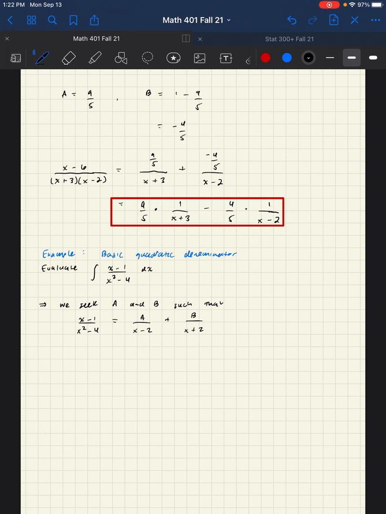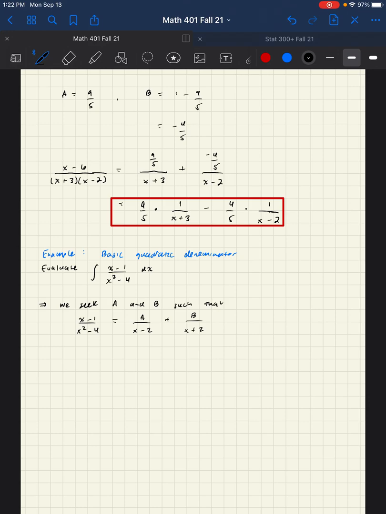And this works because we have two distinct linear factors, and so the method indicates that we can write this as a sum of those two rational functions, with the numerators now being just real numbers.